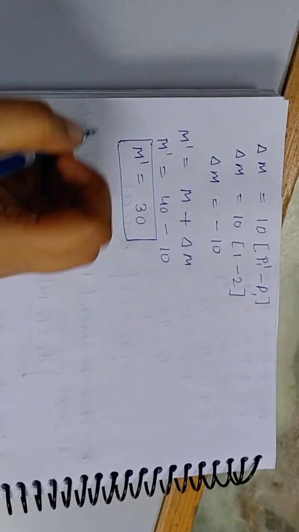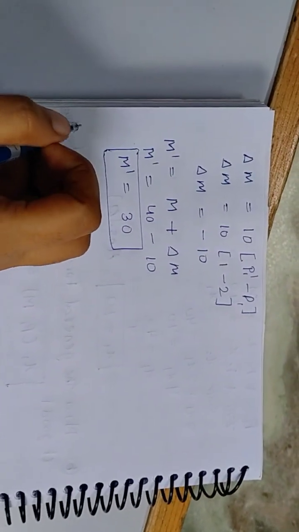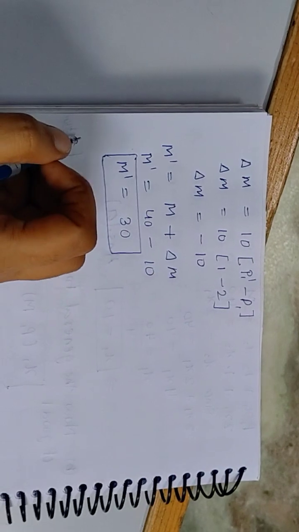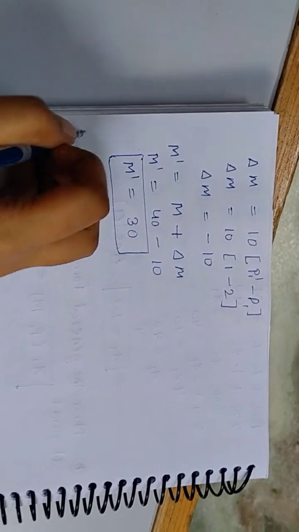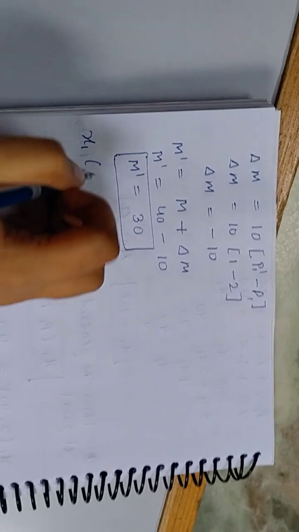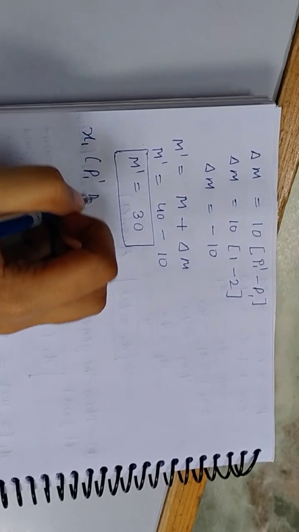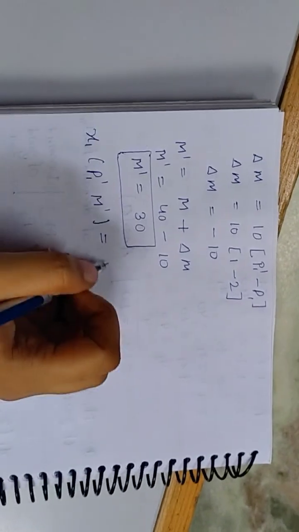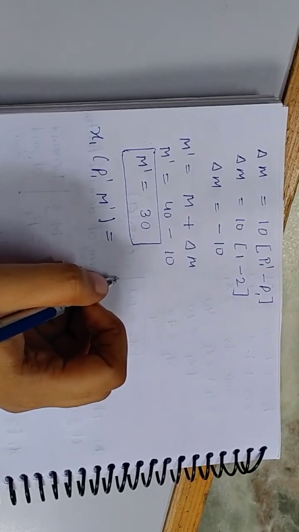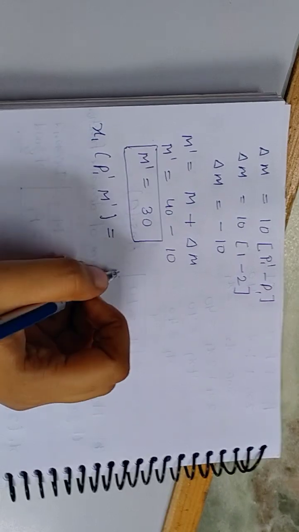Now we have all the variables that we need to find the substitution effect. So find the demand for good one with the different price and different income. x1 demand for good one at the new price with changed income would be, what would be the standard demand function?